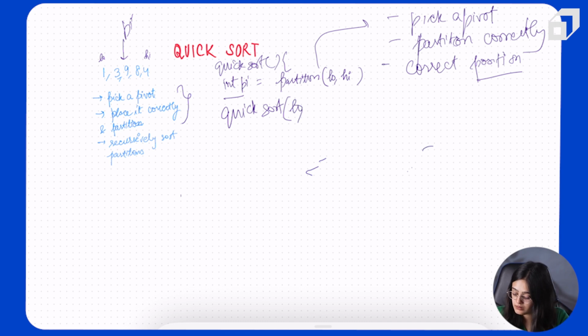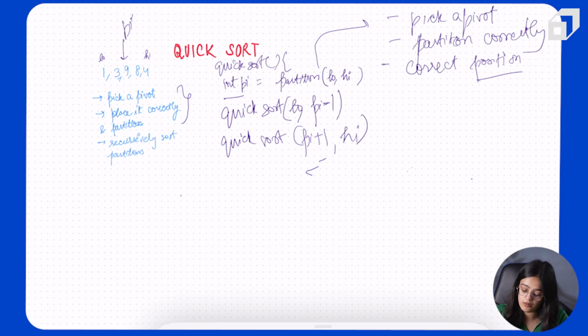And the partition's endpoint will be partition index minus 1. Because the partition index is the position of the pivot. And the left half will be the first partition that we have to deal with, and the second partition is starting from partition index plus 1, just to the right of the pivot element's position, and going till high. So this is how the array will be partitioned, and this is how the recursive calls will be made.